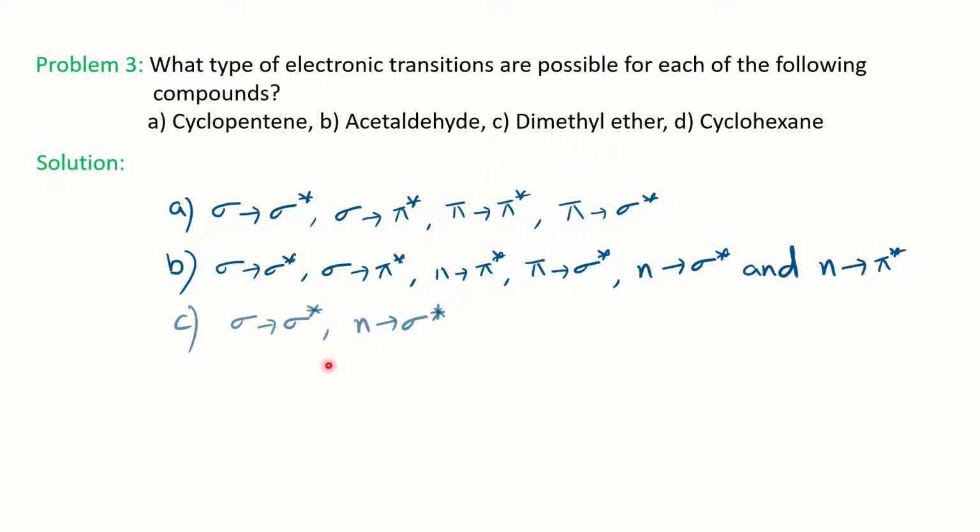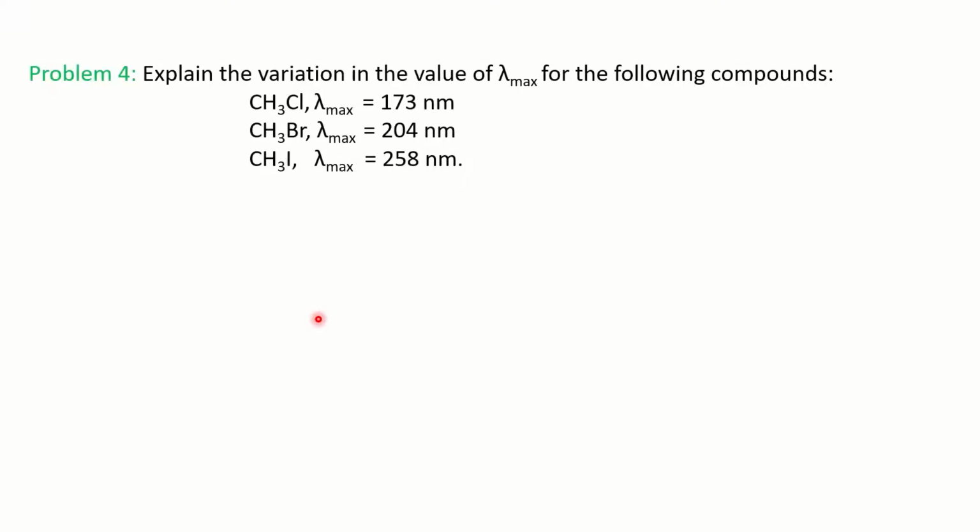There are only 2 possibilities, sigma to sigma star and n to sigma star. Finally, cyclohexane has only sigma electrons, so only one transition is possible, sigma to sigma star. In that way, you can solve and identify the different types of electronic transition.